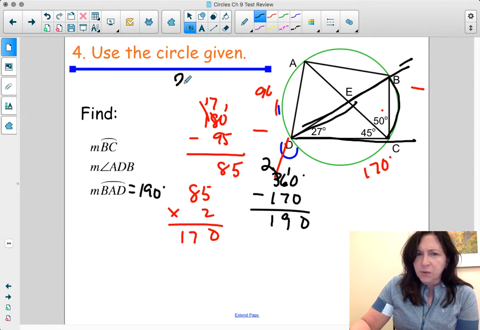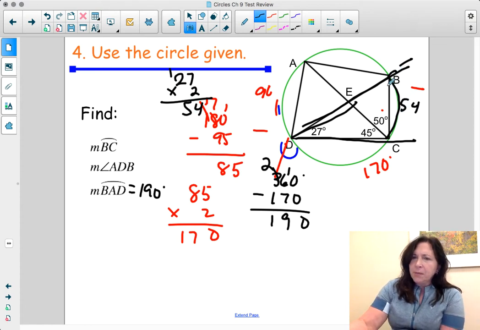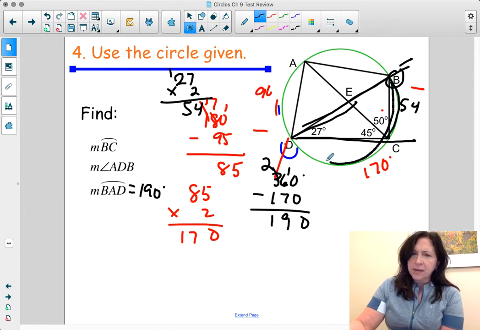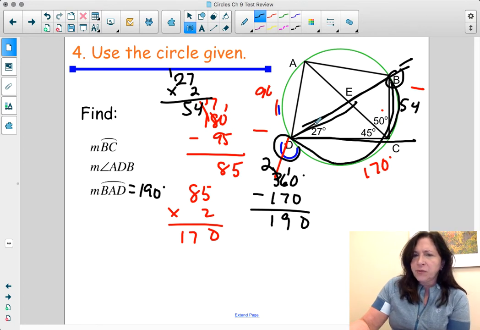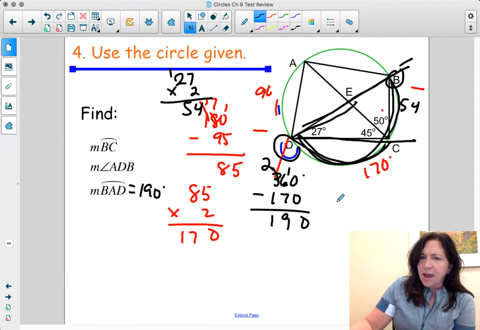So we're going to take 27 times 2, which is 54. So this arc here is 54. Keep in mind that from B all the way down here to D, BCD is 170. So I can find what this arc is right here by just subtracting 170 minus 54.